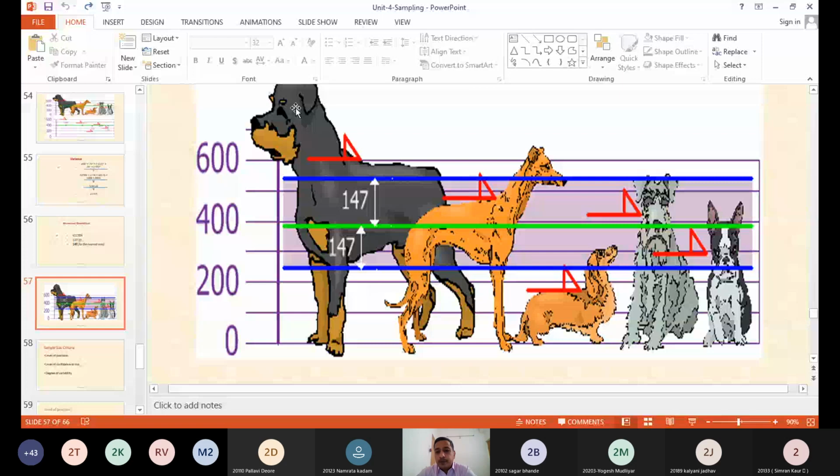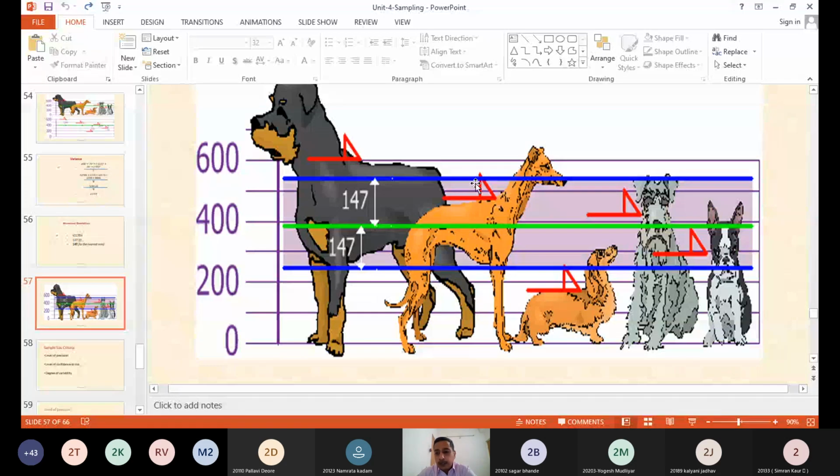And in this diagram, the height of this dog is going below this standard deviation, so it is extra small. So standard deviation will tell you how much deviation from the mean is expected for the members in that particular group.